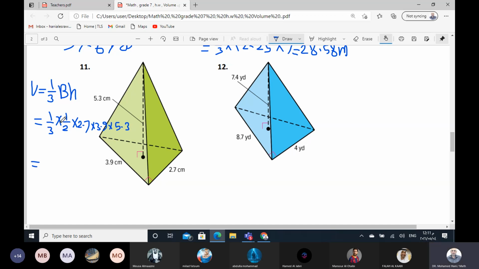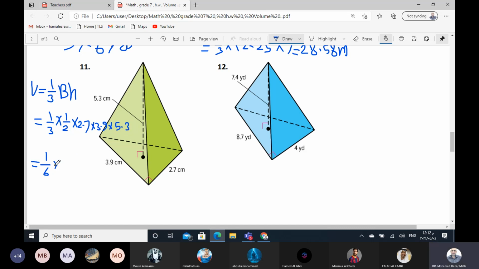And here 1 over 2 times 1 over 3 times 1 over 2 will be 1 over 6 times, here we have 2.7 times 3.9 times 5.3.